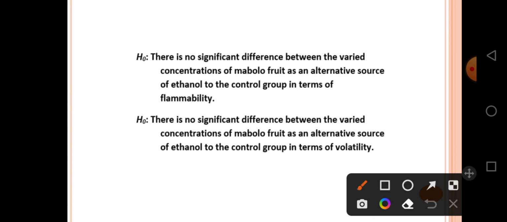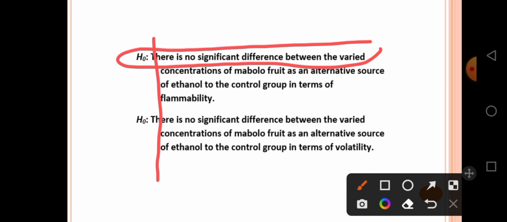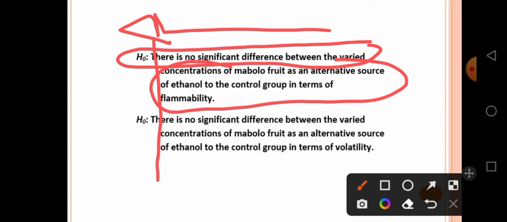Aside from writing the symbol in an italicized manner, please take a look at the indentation. So you notice, class, that the first line of the hypothesis is flushed to the left, while the second and the succeeding lines are flushed to the right.